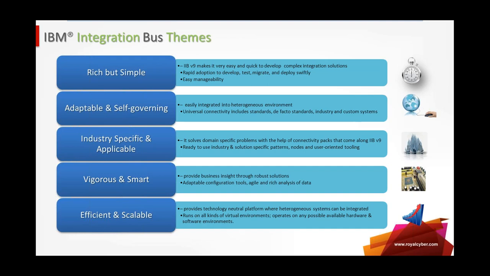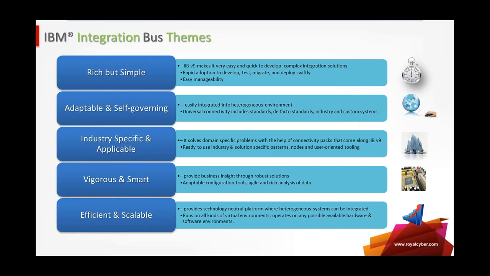Right. The next theme which I would like to take is vigorous and smart. By this I mean it has very good capability and robustness in the solution which IIB 9 provides, and it also provides smartness to the business, so that they can take decisions on time, right?